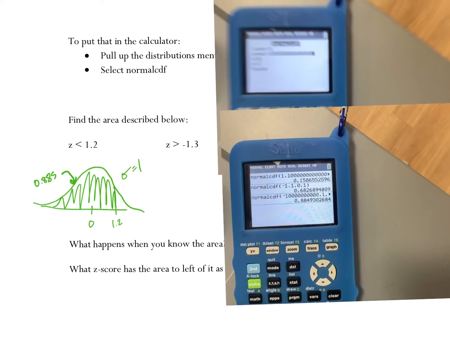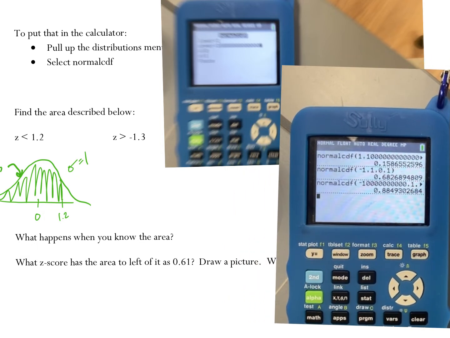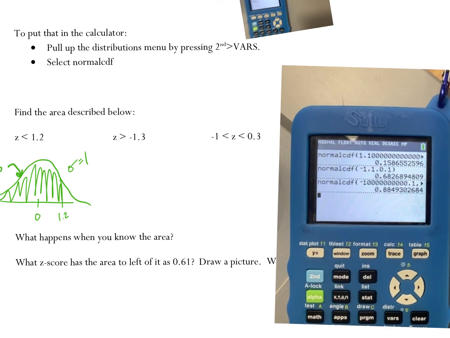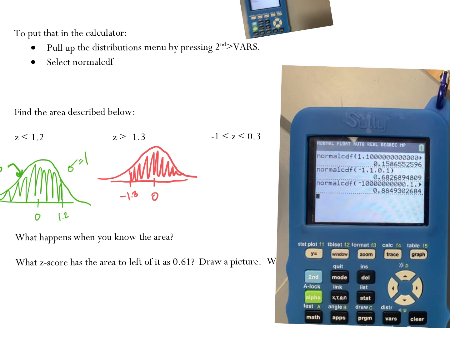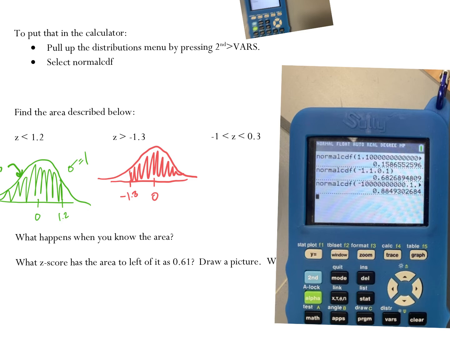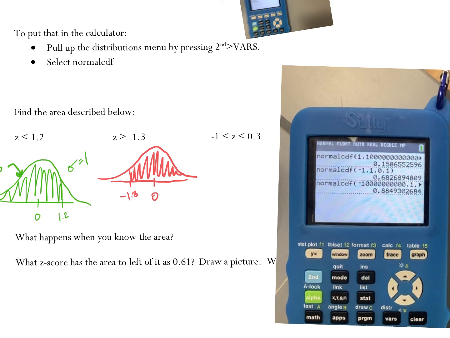All right. What if I said more than 1.3? I'm sorry, more than -1.3. What are we getting? 0.90.